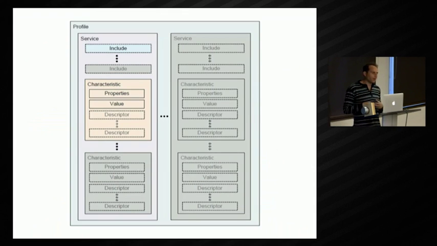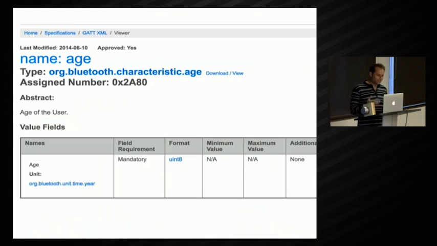So a lock might have a service for its state, and then you can read whether it's open or closed in a characteristic. There's a lot of standards for these characteristics. There's a big database out there. For example, this only supports people up to 255 years of age.